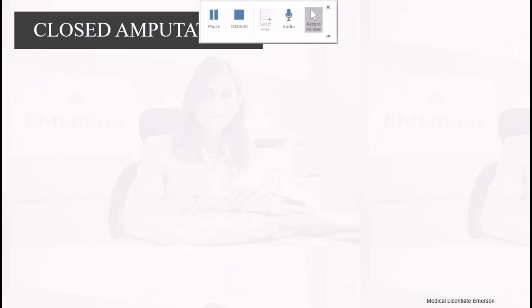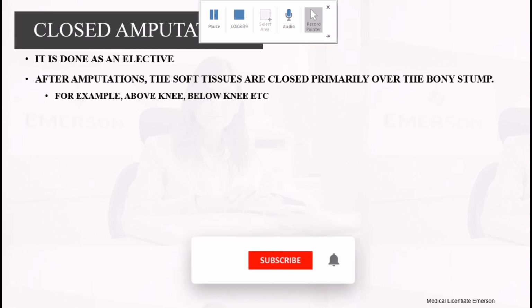So closed amputation is an elective procedure. So we do it as an elective, and after amputation, the soft tissues are then closed primarily over the bone stump. For example, in more time, you can do above knee or below knee as a time-consuming operation. So you take your time and you make your stump and you close the wound.